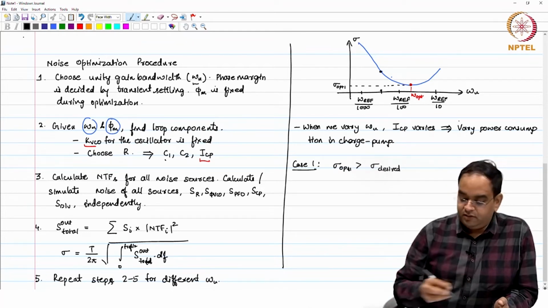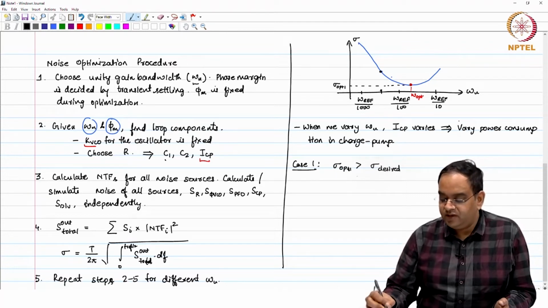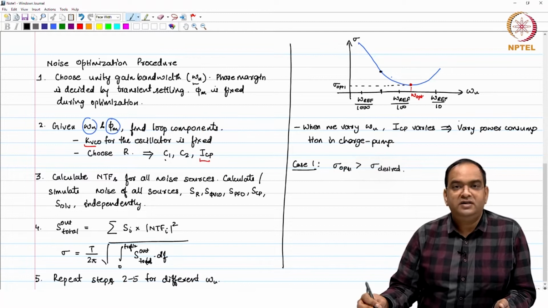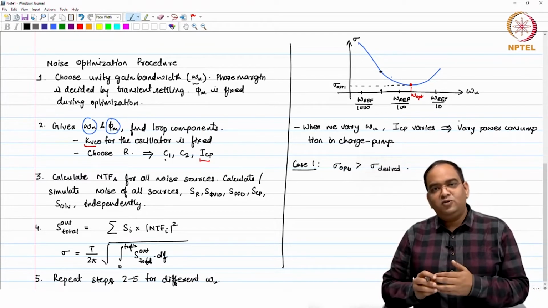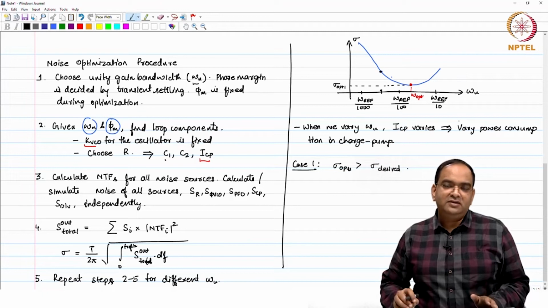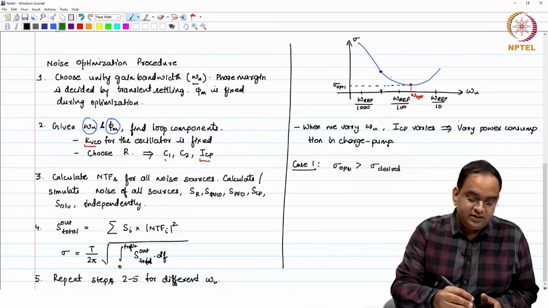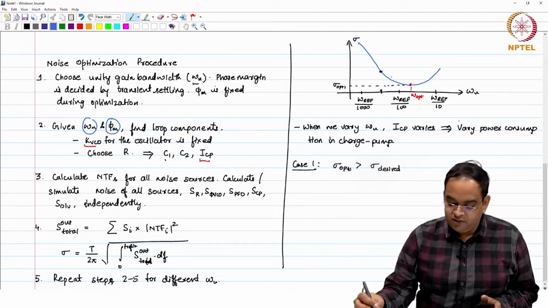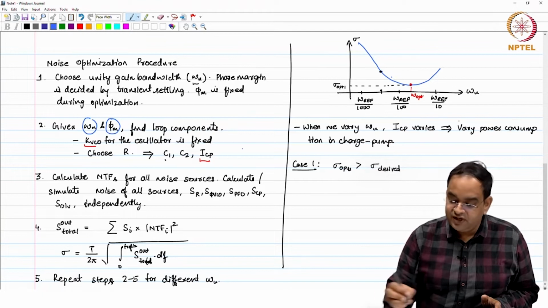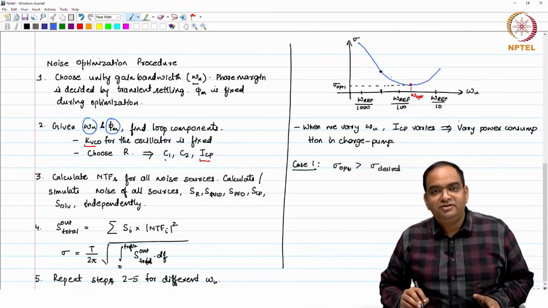Now, if sigma opt 1 is equal to sigma desired, or equal within a very close range, you can say that this is fine within the tolerable limits. You can go ahead and just confirm the values of C1, C2 and ICP at omega opt, and your PLL design at system level is over.